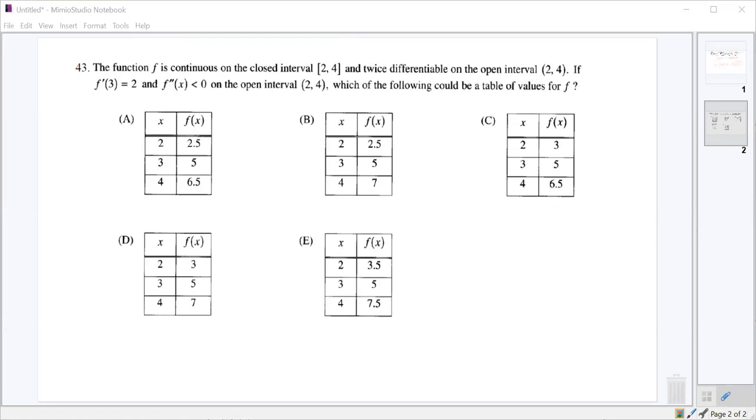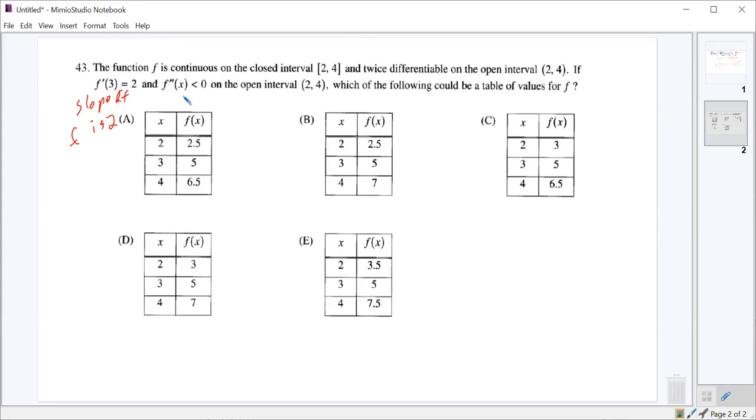And we know that f prime of 3 is 2, f double prime is less than 0. And we want to know which of the following could be a table of values. So first off, if f prime of 3 is 2, that tells us that the derivative of f at 3 is exactly 2, which means that the slope of f is 2.